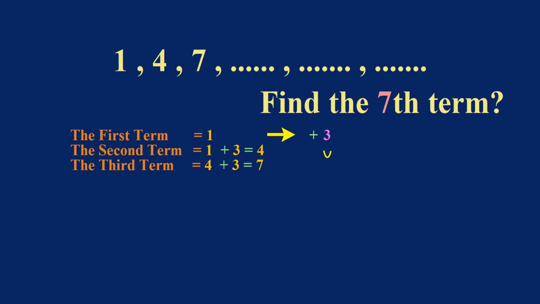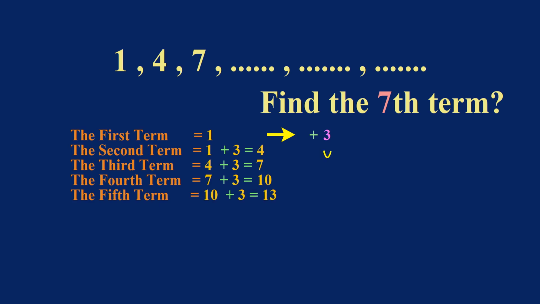And so on. We can get the fourth term by adding 3 to the third term. So the fourth term is equal to 7 plus 3, which equals 10. And the fifth term is equal to 10 plus 3, which equals 13.